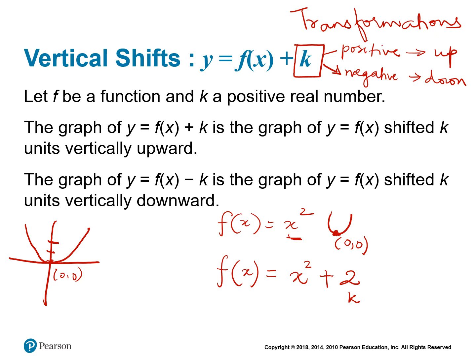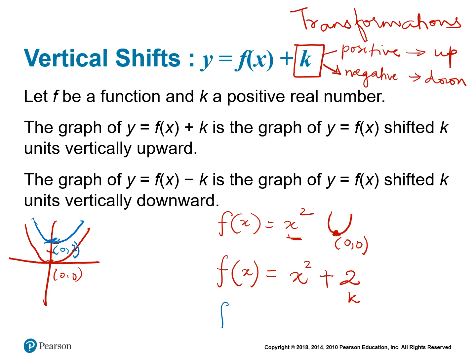So using a different color, it's going to move up 2 units. Everything else is going to stay the same, except that the vertex has changed position from 0, 0 to 0, positive 2.